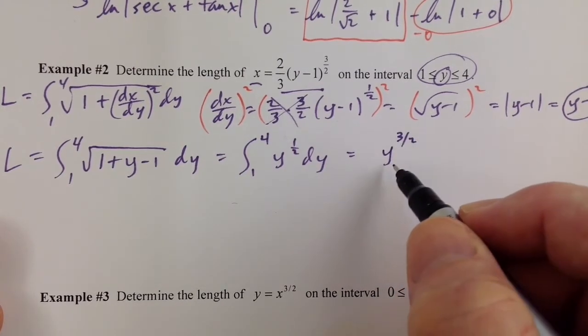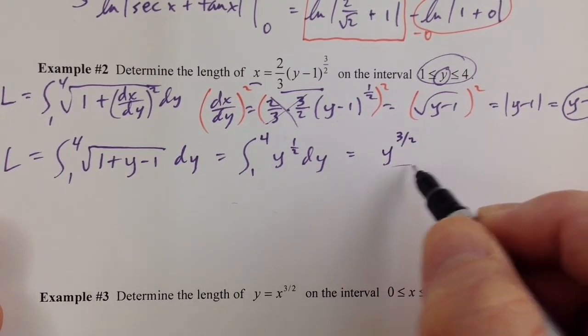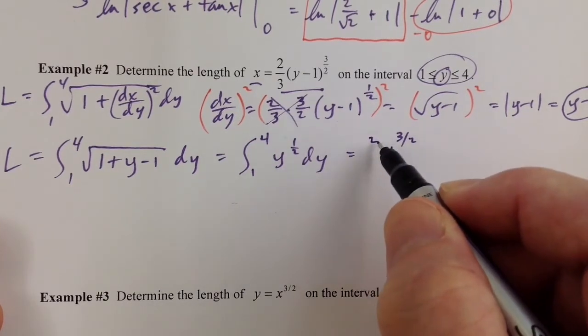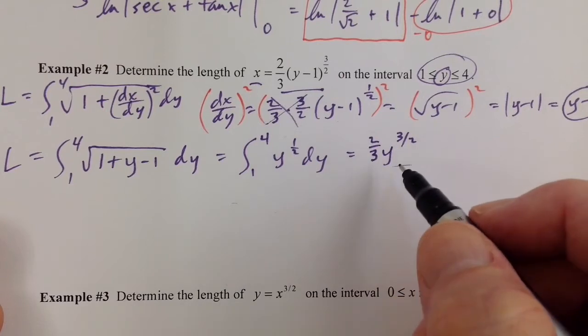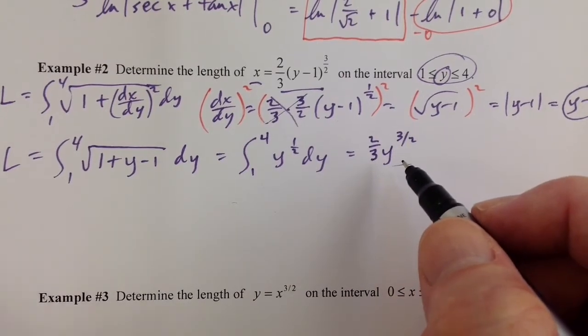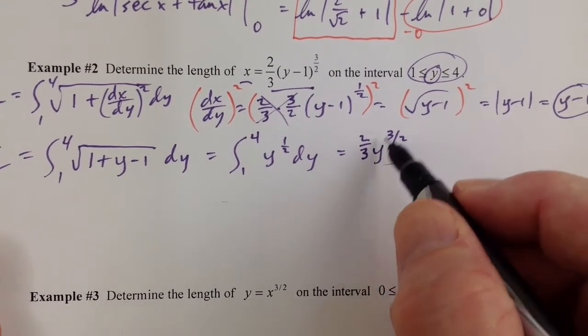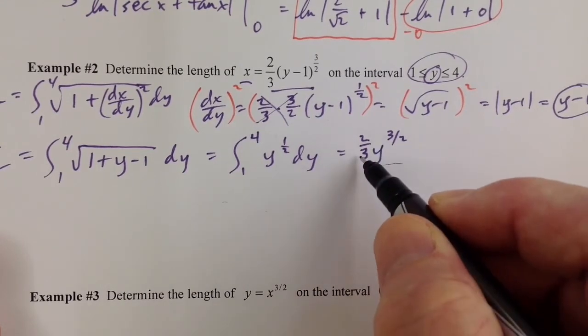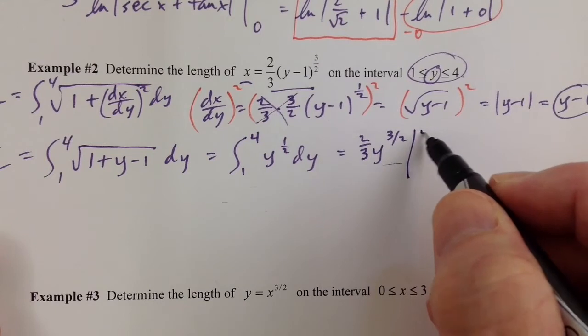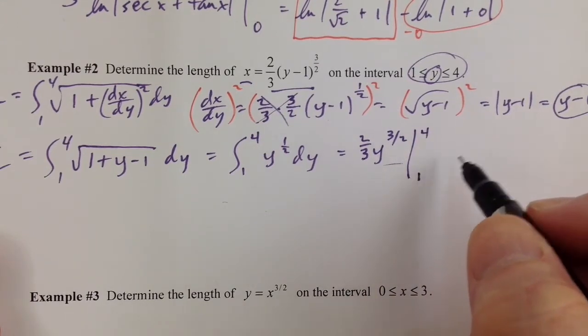Then I could write divided by 3/2, but since I have fractions, I want to write them as little as possible. Dividing by 3/2 is like multiplying by 2/3. Then we're going to evaluate that from 1 to 4.